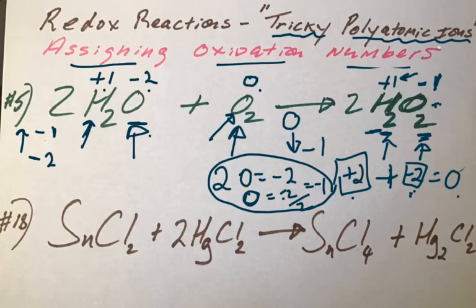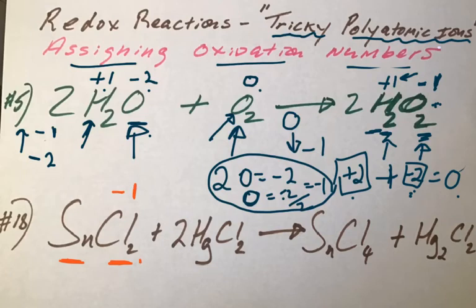They have the same element going from different oxidation numbers to the same oxidation number, but don't stress that too much. Okay, so let's move on. Sn is here, and we have two Cls. The halides and highly electronegative guys like chlorine will most of the time have an oxidation number of -1.